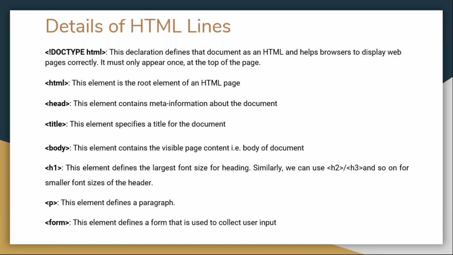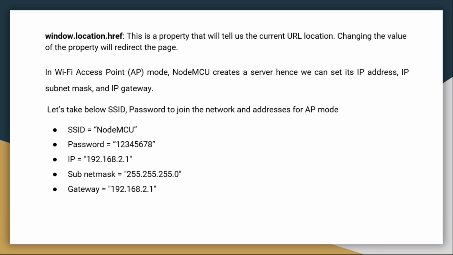So we will configure our application right now according to that scenario, and see how to write our code. These are the following parameters we will set in our code. In Wi-Fi access point mode, NodeMCU creates a server.